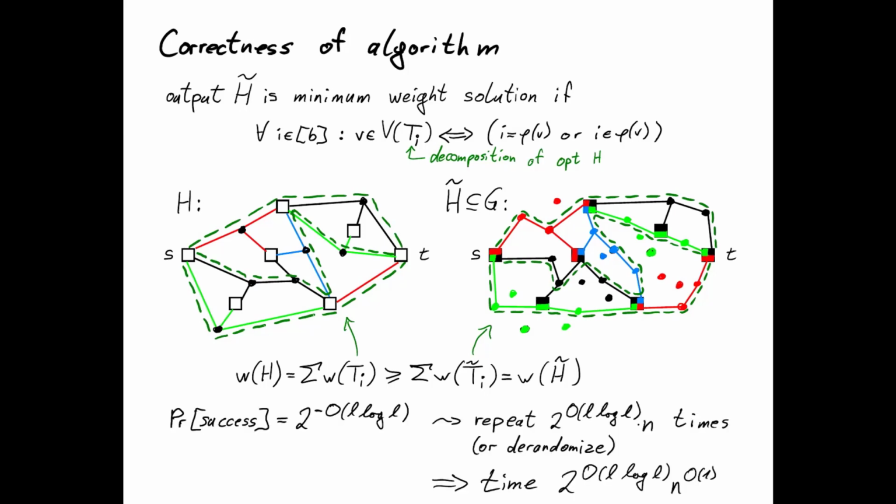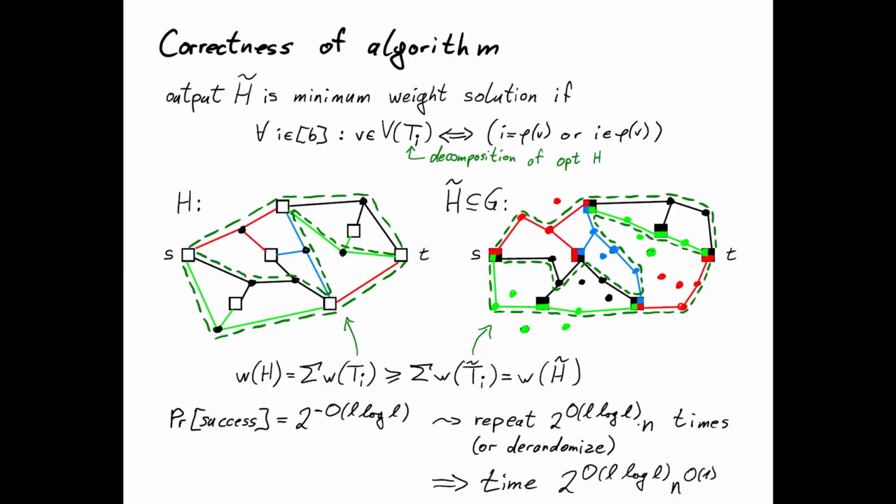And okay, so now what you should see is, what is the probability of success, right? I have to make sure that I color the vertices of the solution in the correct way, but this only depends on the size of the solution, right?